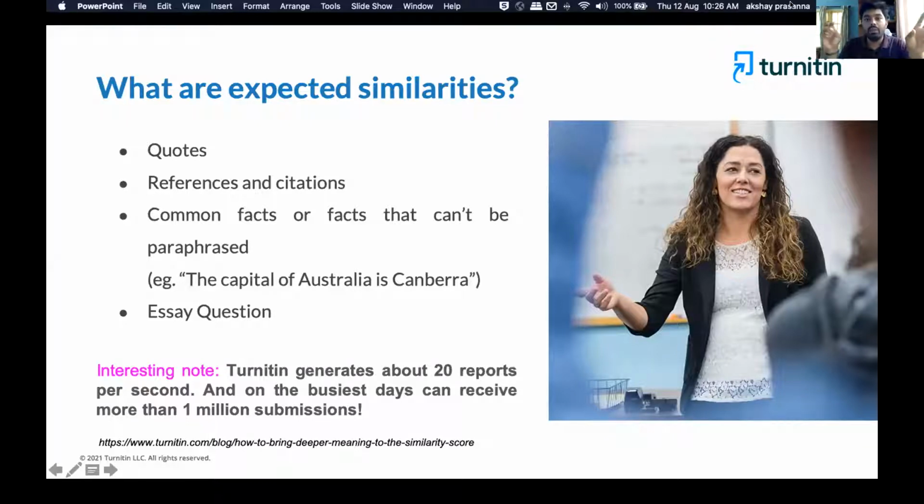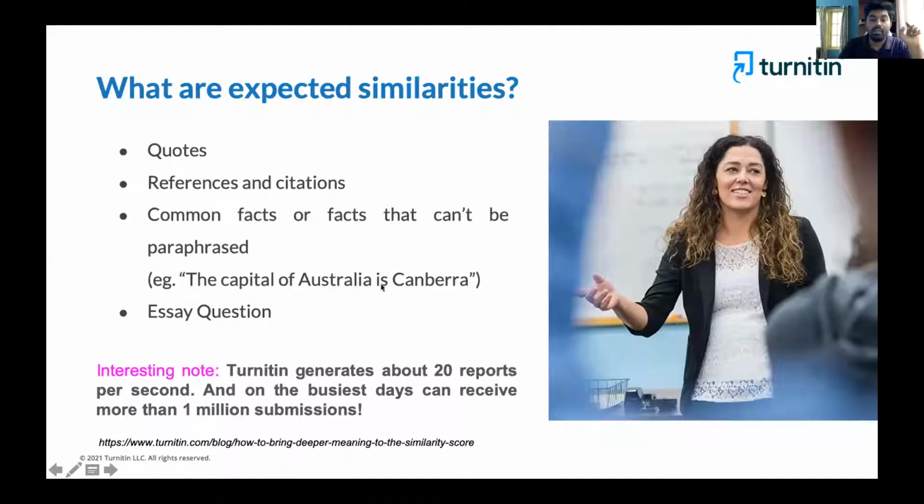Double quotes can be used to exclude a certain phrase or sentence. This is only for standard statements and definitions. For example, the capital of Australia is Canberra. Newton's law, every action has an equal and opposite reaction. How do I give citation? The law only says it is Newton's law. So for these kinds of cases, I will put something in double quotes. That is what is called quoted materials exclusion.